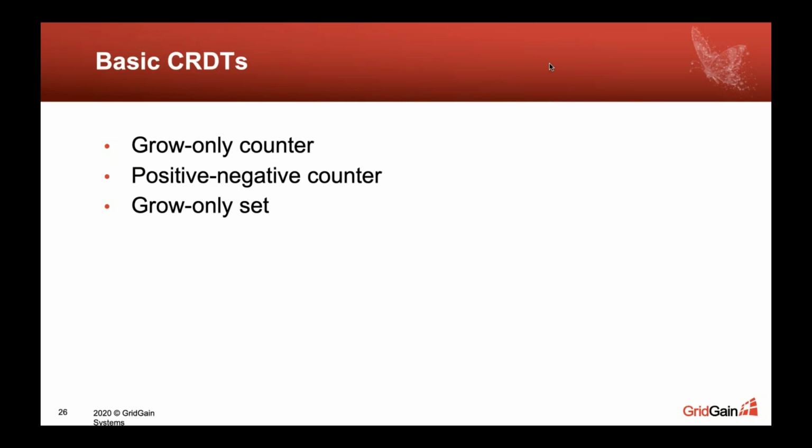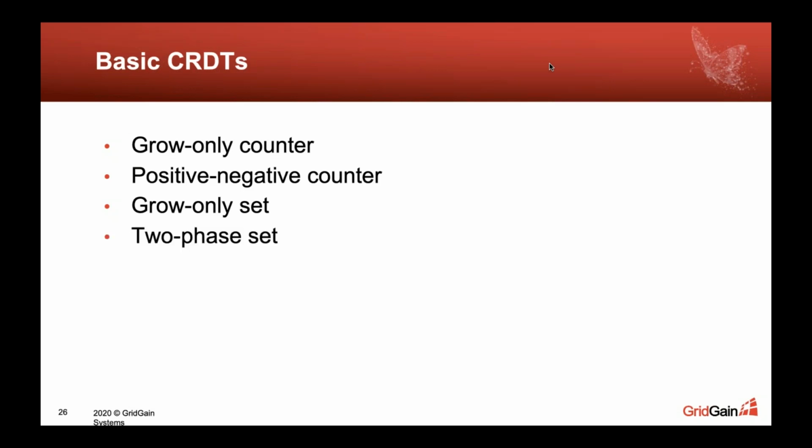A more complex but still quite easy concept is grow-only set. Now, instead of a counter, you have a set which captures unique values, and you can only add values to the set. Now, in case of a conflict, if you have two sets, you can get a union of the values that are present in both of the sets.